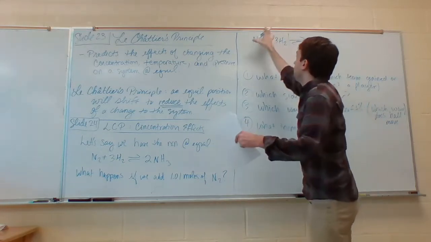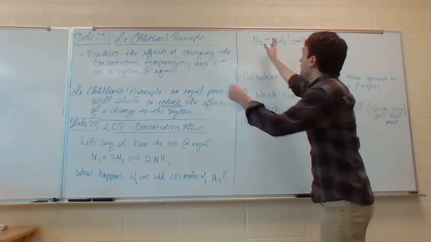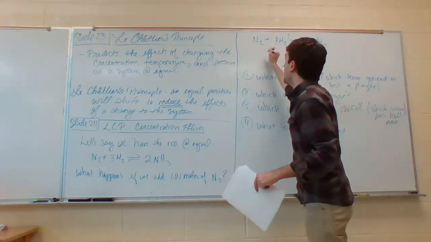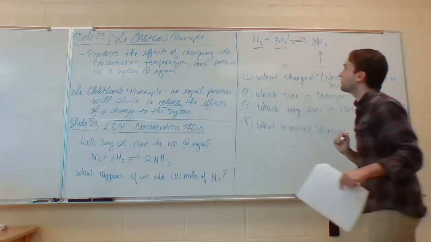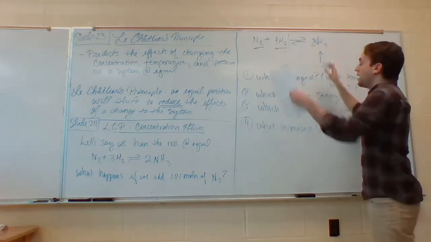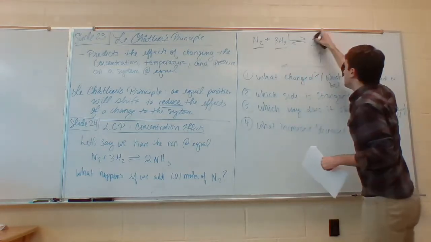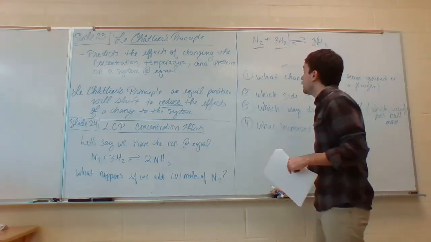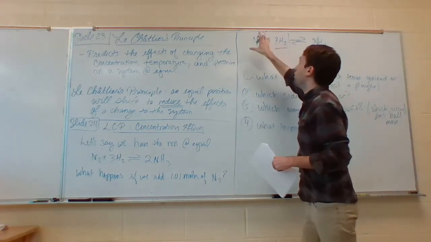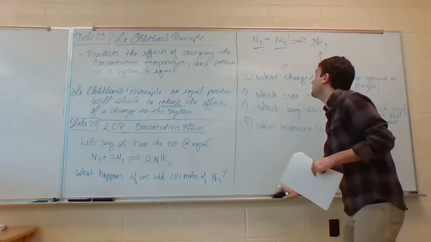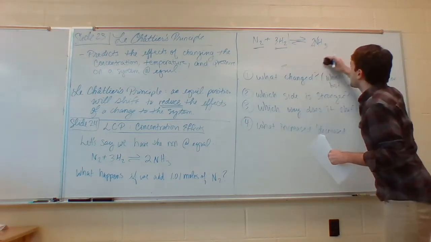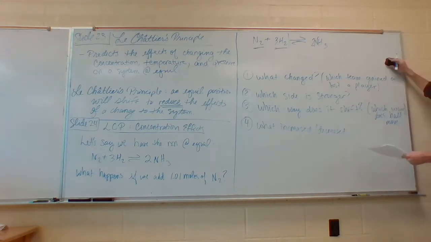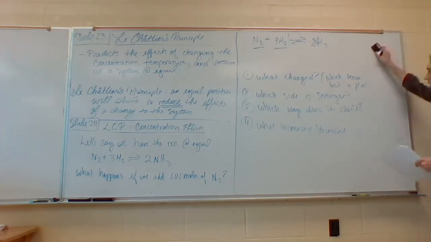That means that this side gains more of it, because once we've shifted this way, we had to make more of those in order to rebalance the equilibrium. So when we increased our NH3, it shifted our equilibrium to the left. When it shifted to the left, those went up. So those are going to be your steps to determine which way it shifts.